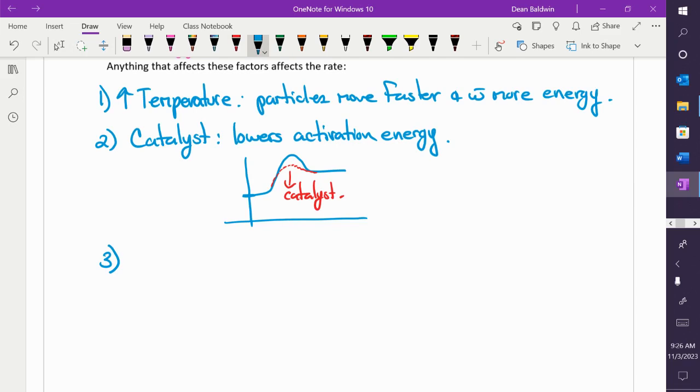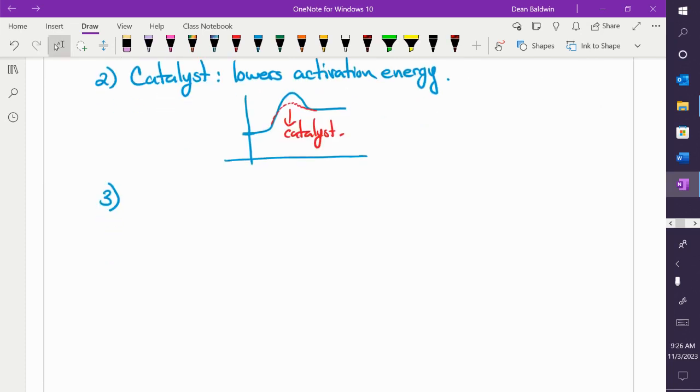Anybody come up with another one? Squish them? Make them more condensed. So we would say increase the concentration. Okay? If you increase the concentration, so for example, you're going from 1 molar, I'm just making up a thing, 1 molar HCl, and you increase it to 5 molar HCl.